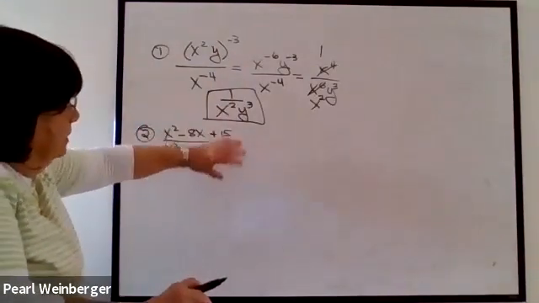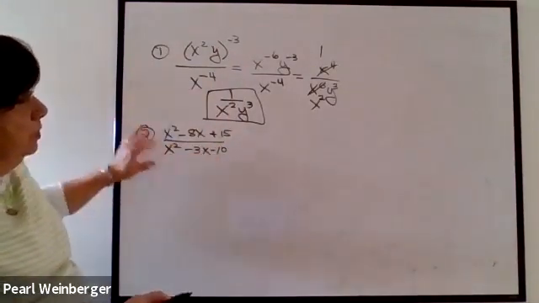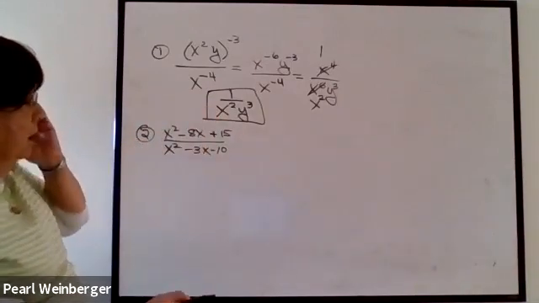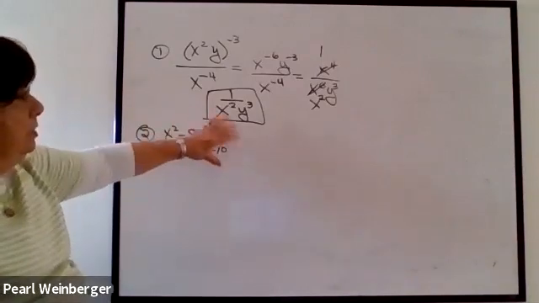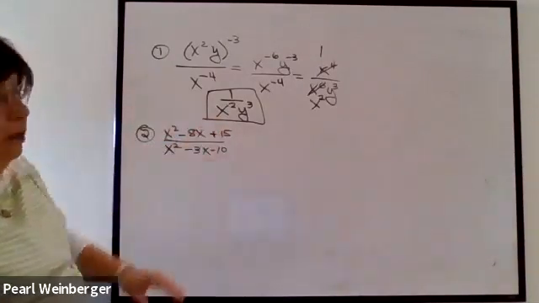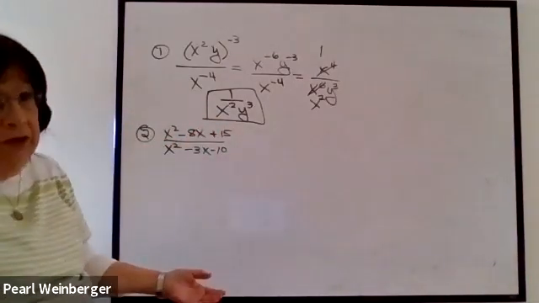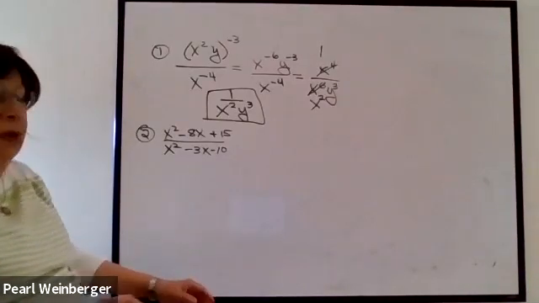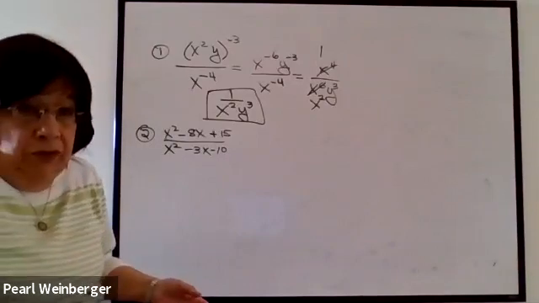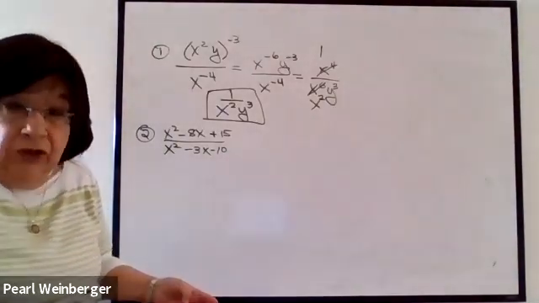Okay, let's look at the second question, because this is where we're really going to be starting now. What do we do when we have fractions that consist of polynomials in the numerator and/or the denominator? Well, we also want to reduce or simplify those fractions.